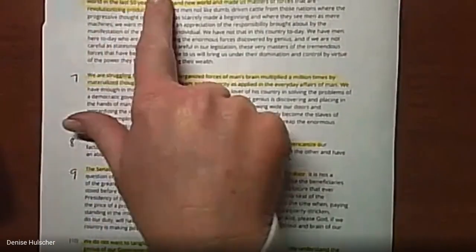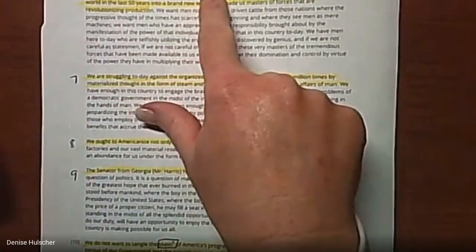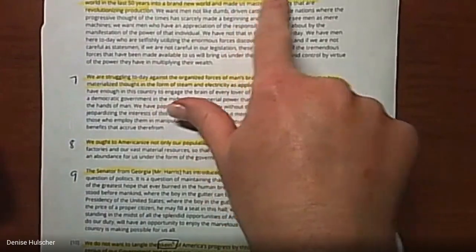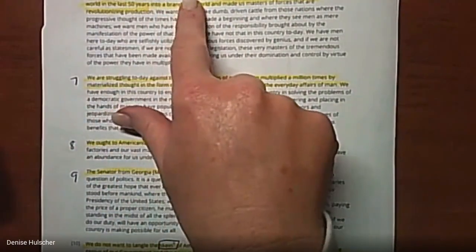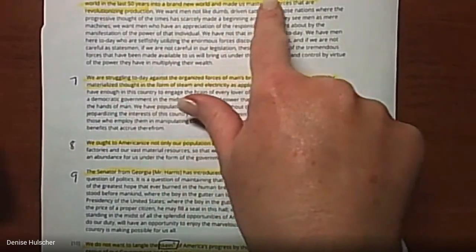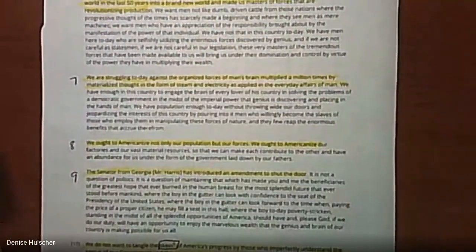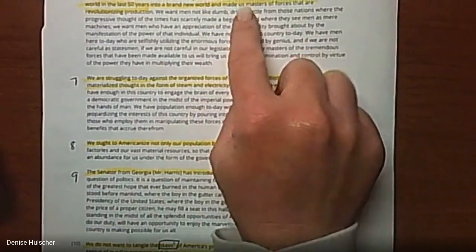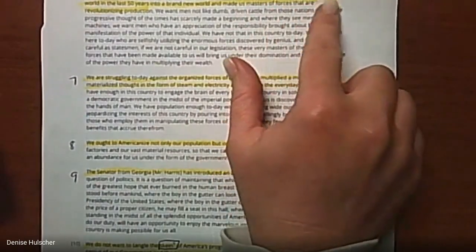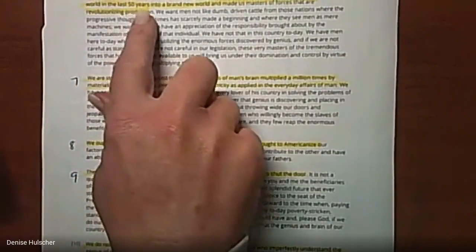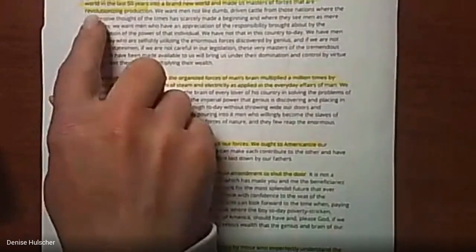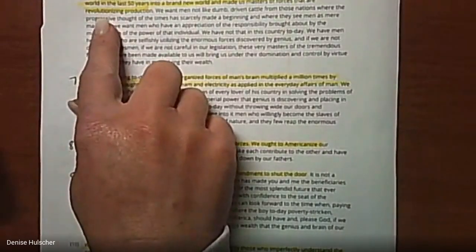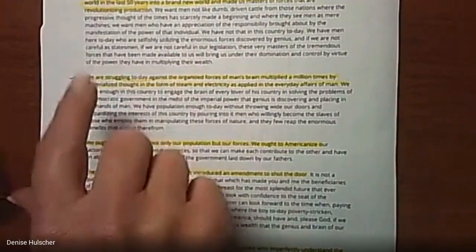The great dispersion of modern times has been education, not alone book knowledge, but that education which enables men to think right, to think logically, to think truthfully, men equipped with power to appreciate the rapidly developing conditions that are about us, that we have converted the world in the last 50 years into a brand new world and made us masters of force that is revolutionizing production.